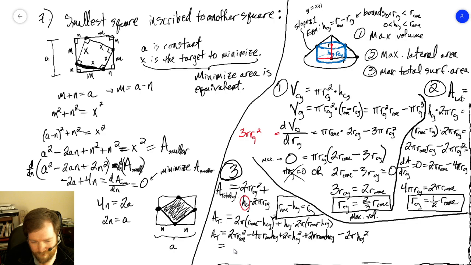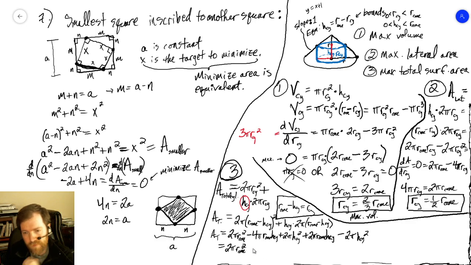Alright, so reframing your variables does sometimes work. So we got 2 pi r cone squared, and there's no other terms with just r cone squared.